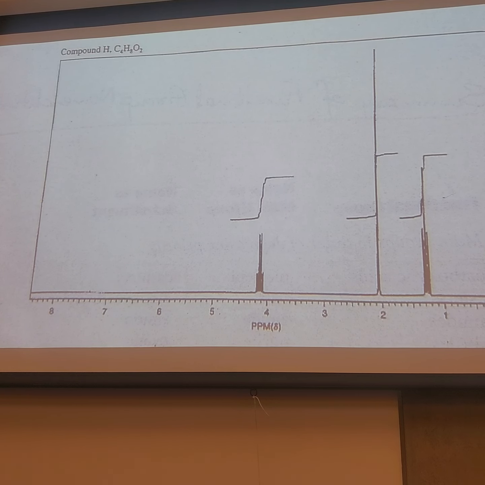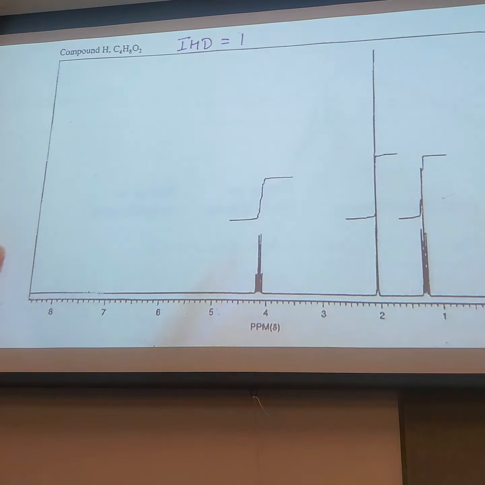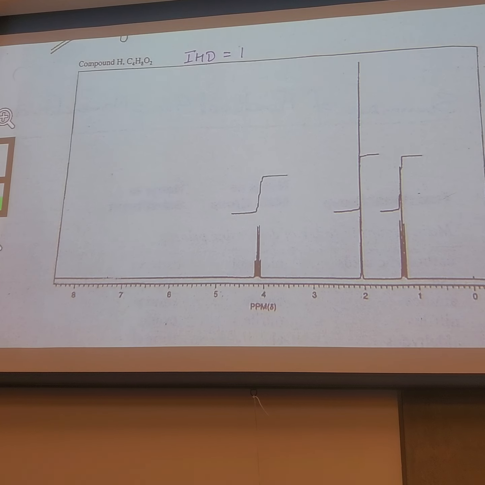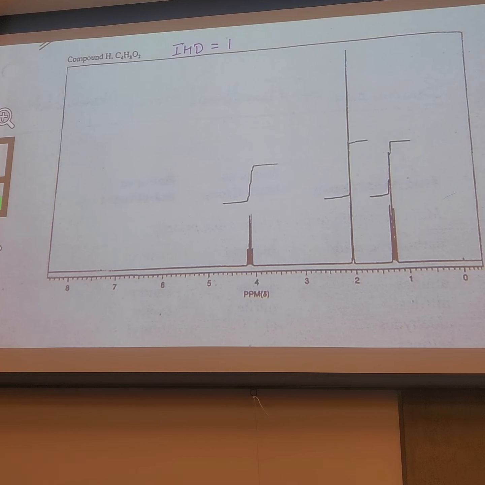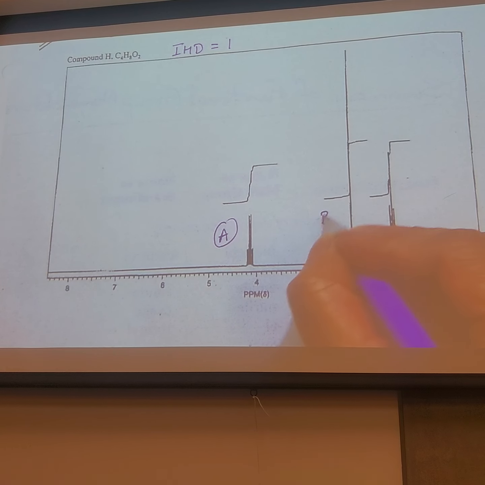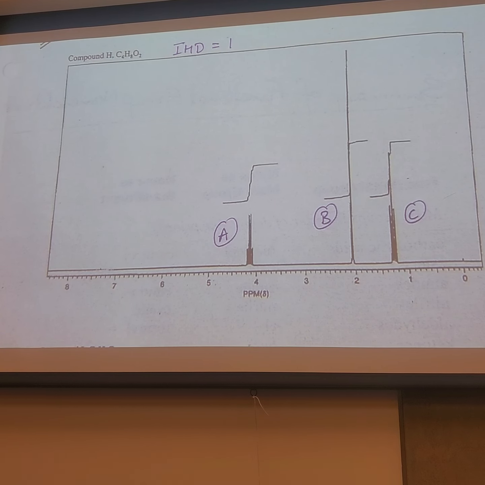Okay, I heard 1. Someone confirm? Yep. Okay, cool. So either a pi bond or a ring. Everybody okay? How many signals does this spectrum show? 3 signals. So can I just call this A and B and C? Everybody okay? Let's do integration measurements.